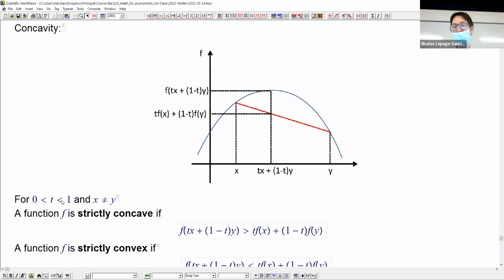Some like 0.5, for instance. It's just some middle point here to get some weighted average of x and y. So that's just 0.6, 0.7, 0.2, right?